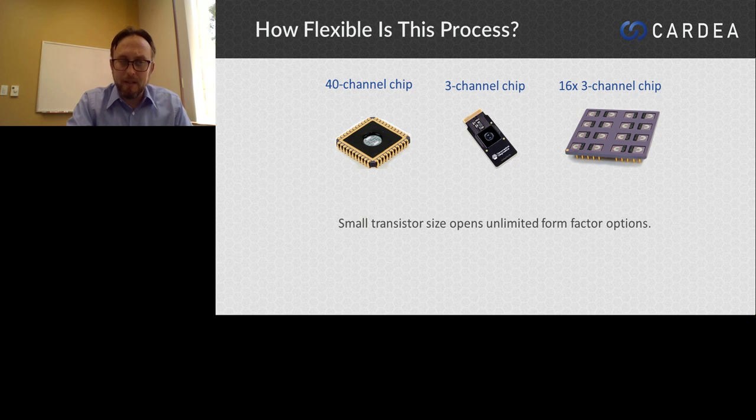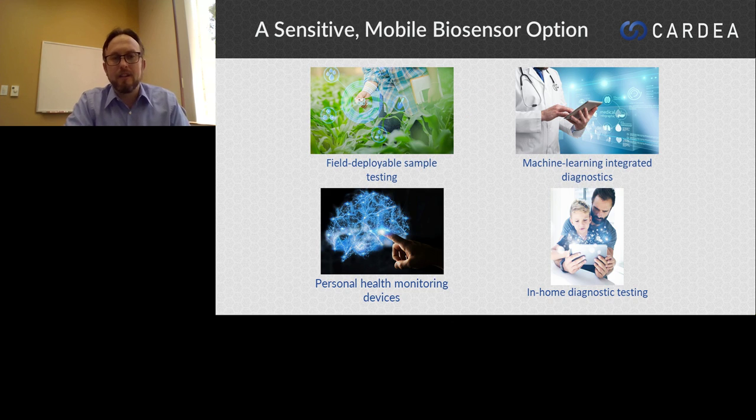This flexibility in processing allows us to start working on a lot of applications beyond the traditional laboratory use and even diagnostic applications that we've been looking at with biosensors so far. Really, the big ones here are things like field deployable sample testing, personalized monitoring devices.